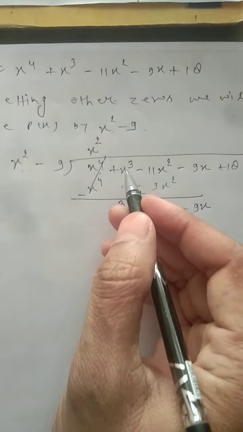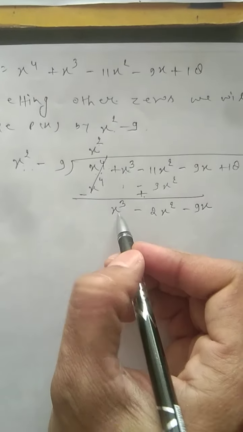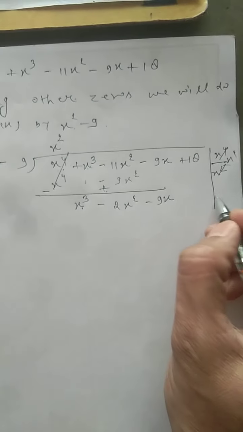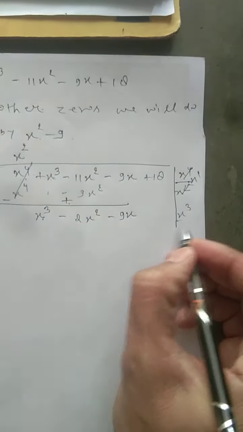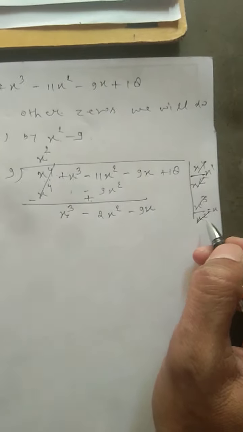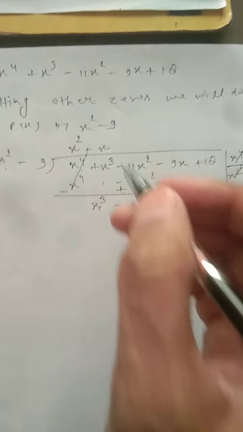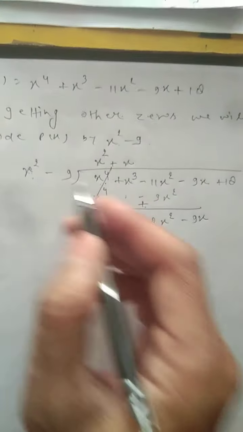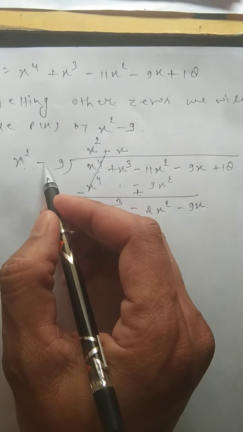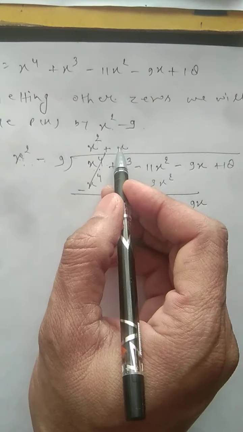Now the same thing we do as last time: first term divided by first term. x cube upon x square cancels, only x has come, plus x. Now x multiplied by x square gives x cube, and plus into minus gives minus 9x.